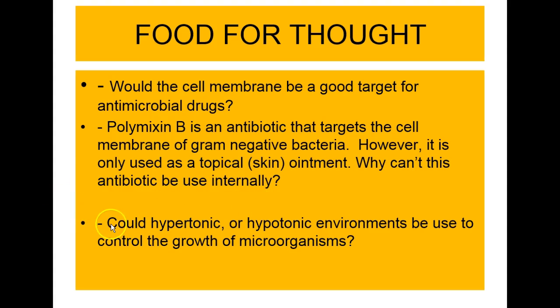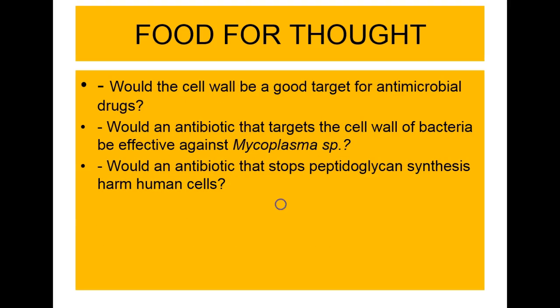Could hypertonic or hypotonic environments be used to control the growth of microorganisms? To answer this question, you would need to review what is a hypertonic or a hypotonic environment and what is the effect of either on a living cell and its membrane. Would the cell wall be a good target for antimicrobial drugs?